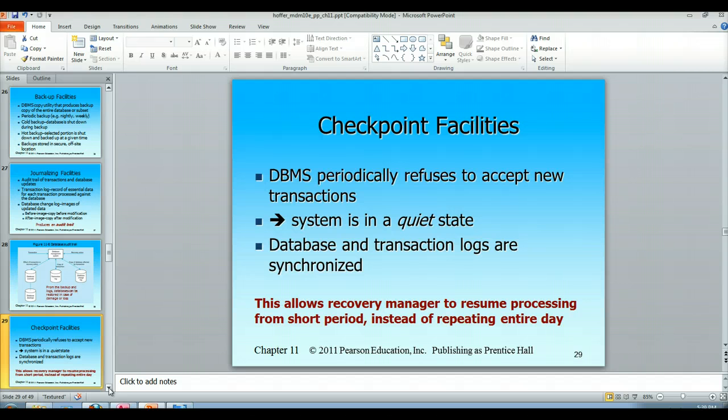The idea is that input-output is expensive and takes a lot of time. So instead of writing changes immediately to the database, they're left in the transaction log, and from time to time the information from the transaction log is loaded into the database management system. This way, the system isn't constantly getting inundated with transactions.